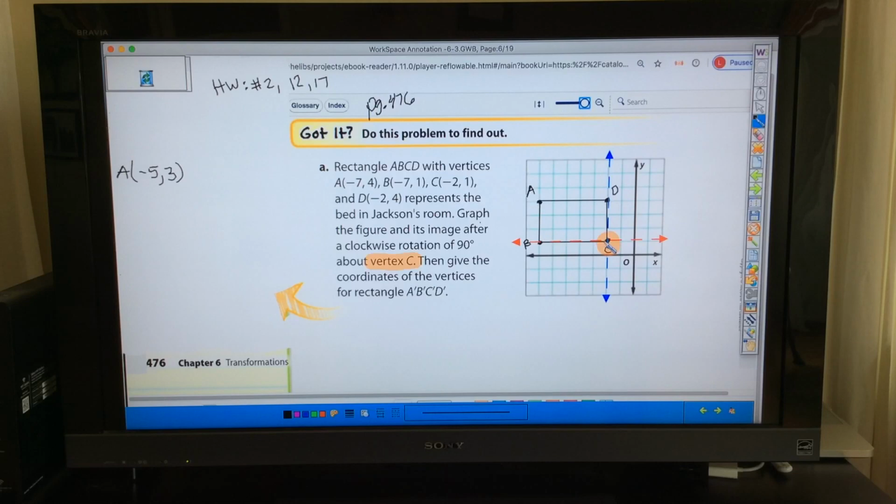Okay, B is located at negative 1, 2, 3, 4, 5. That's negative. I'll do that again.